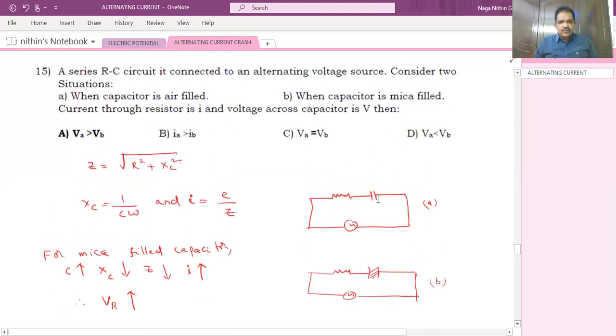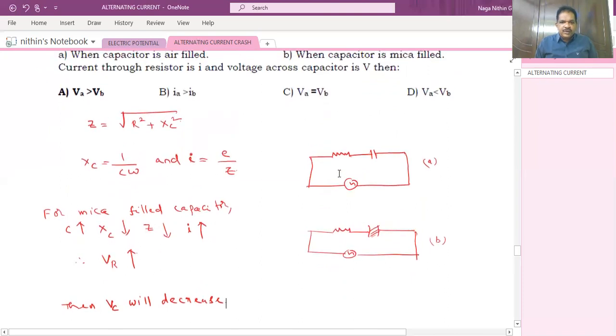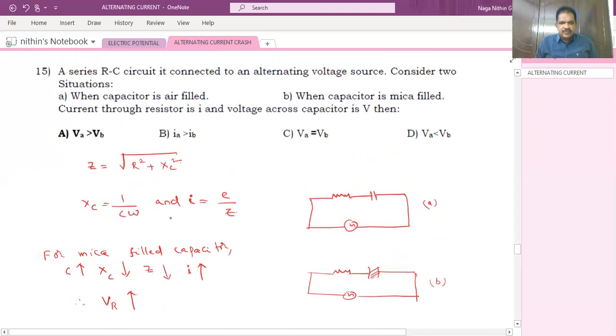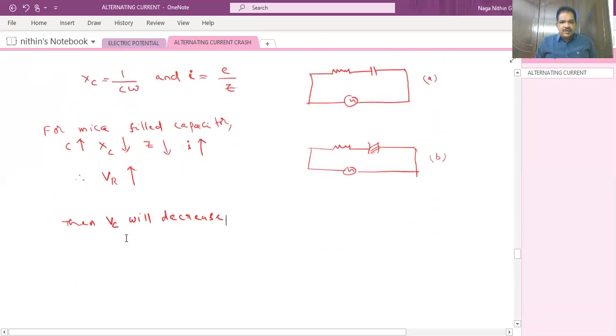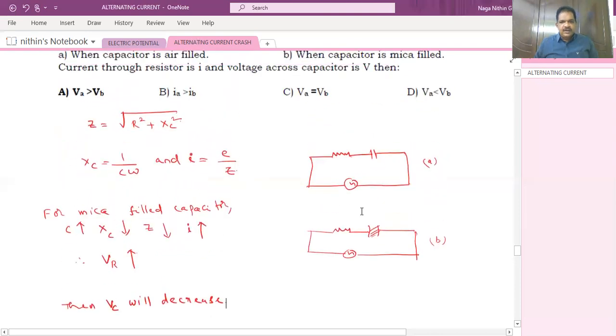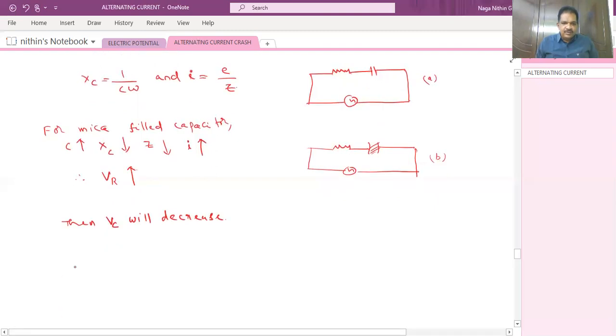Okay, so here potential difference is... then what will happen? VC will decrease. So here this value is less, here this value is more. Therefore, VA value is greater than VB.